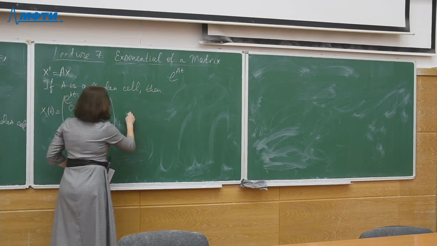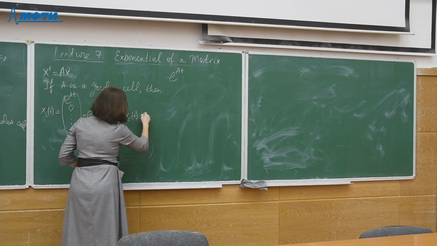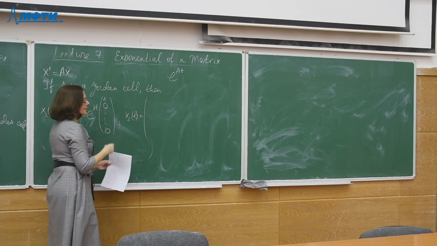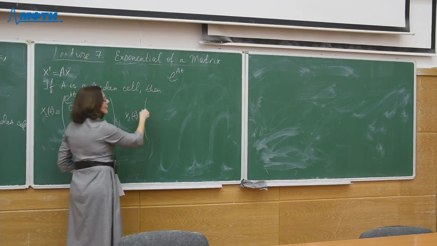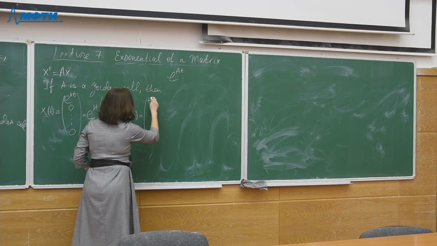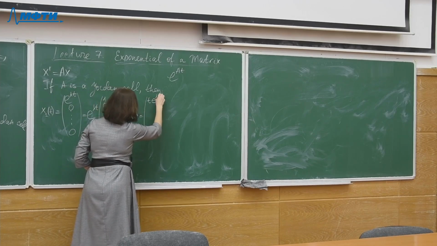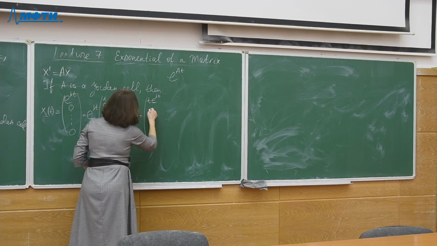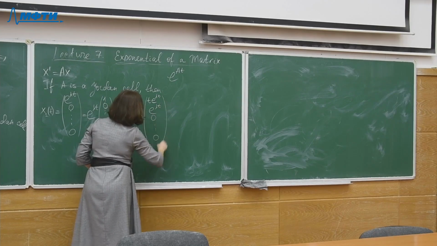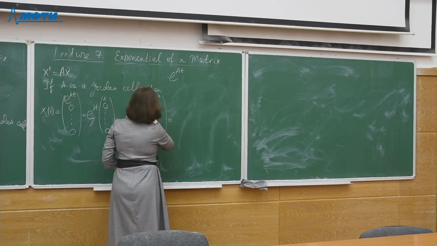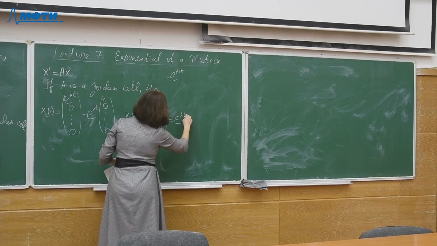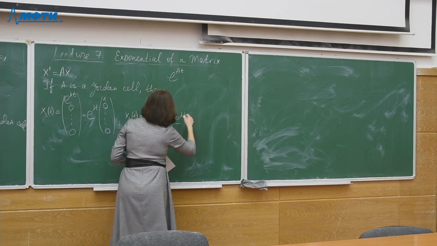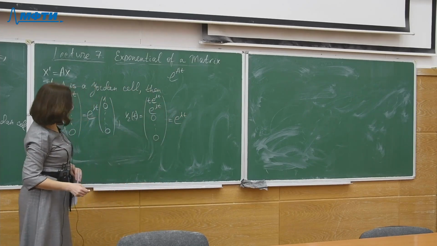Next, x2 of t. What is x2 of t? By the formula found before, it is equal to t e to the power lambda t, e to the power lambda t, 0, 0. It is e to the lambda t times a linear combination of standard vectors.